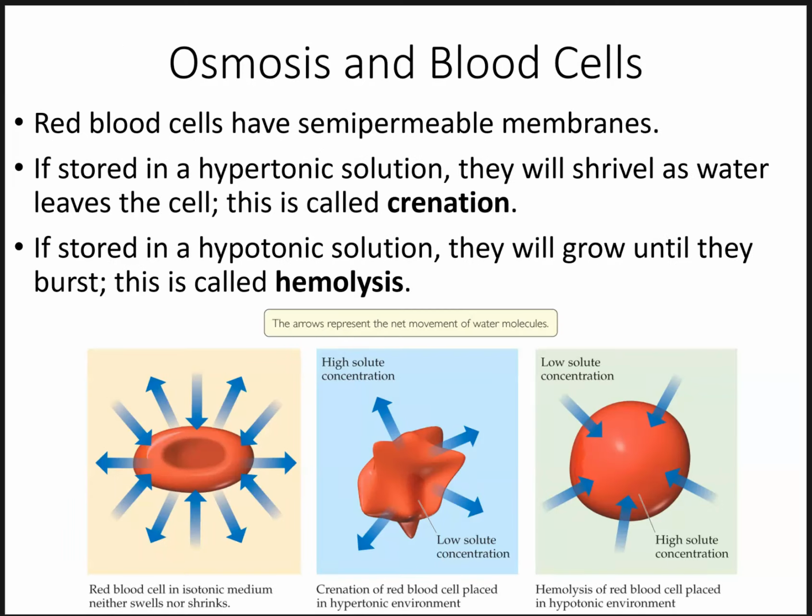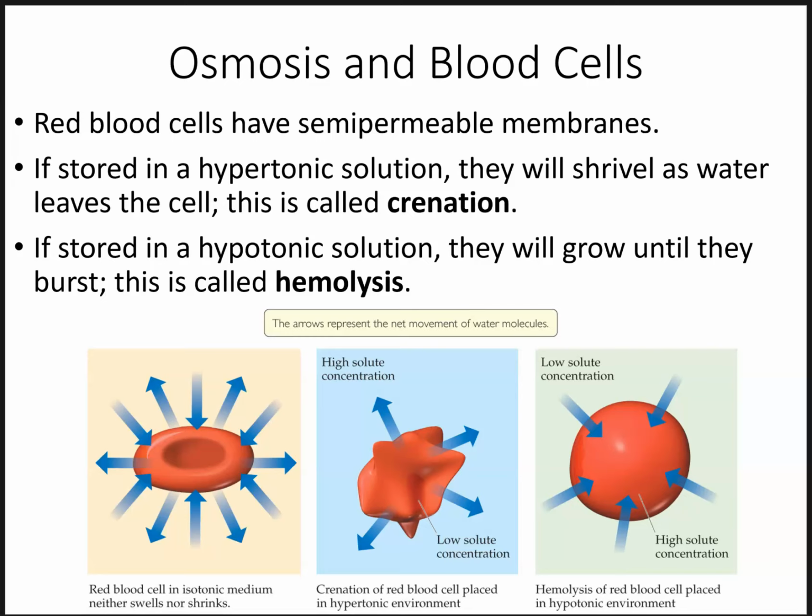When we describe this in terms of biological function or how a cell reacts to its environment, we describe something like a red blood cell as having a cell wall, which is a semi-permeable membrane. That is, it's a selective barrier of what it lets into and out of the cell.